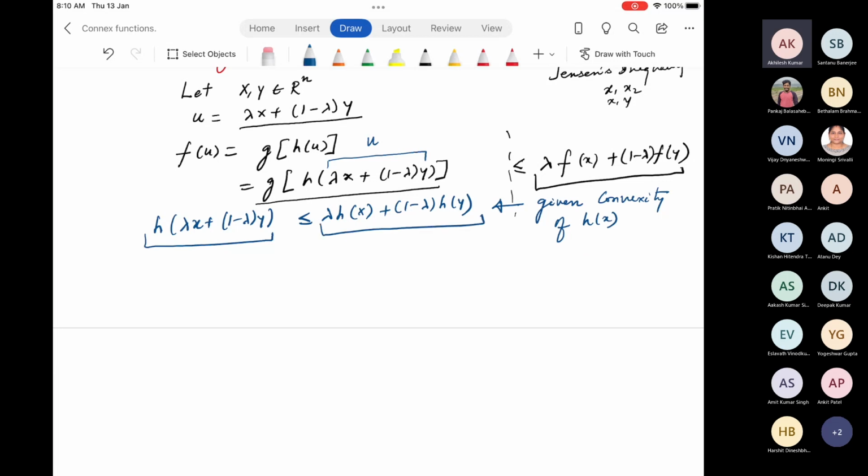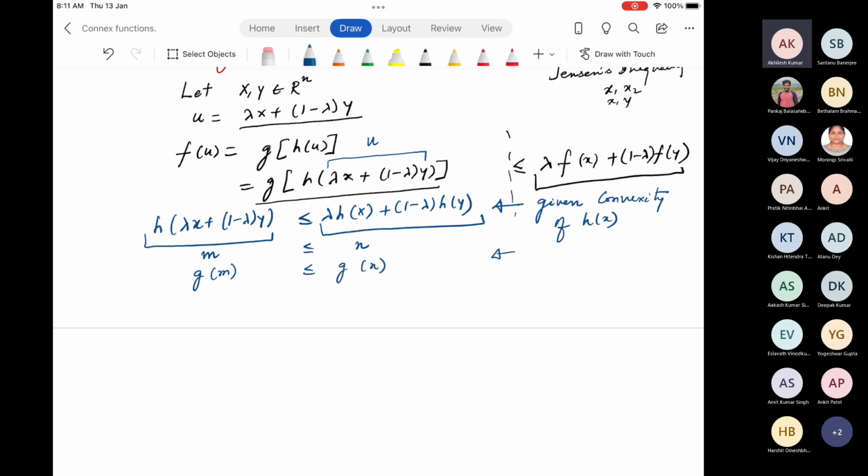Now suppose h of lambda x plus 1 minus lambda y comes out to be a number, let me call it m, and the other number comes out to be n. Can I say g of m will always be less than or equal to g of n?